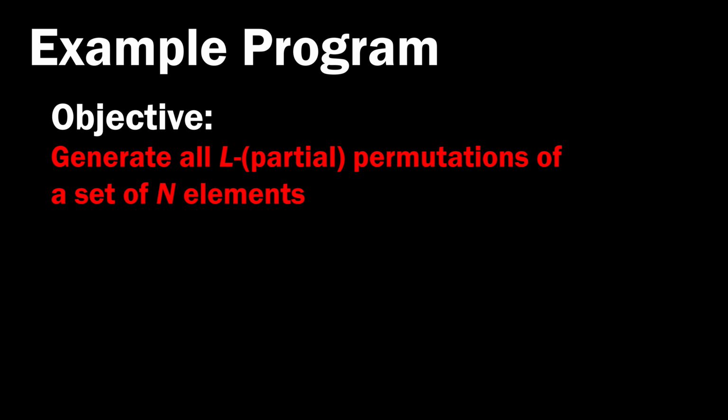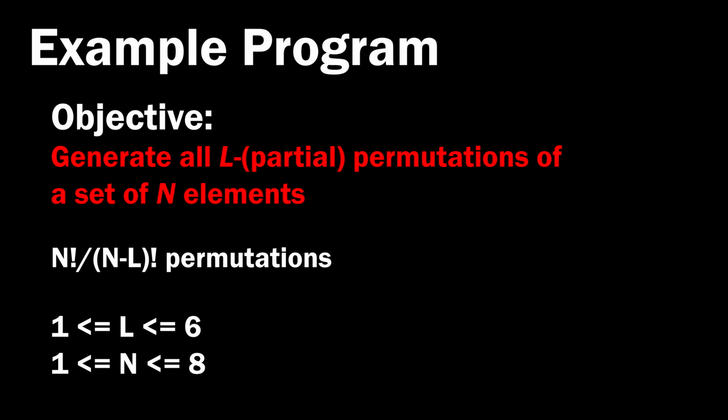I think the best way to illustrate how these instructions work and how to use them is to write a program. Learn by example. So let's write a program that computes permutations of n unique values with the permutation length of L. And L can be 1 to 6, and I'll explain why we have that limitation in a minute.